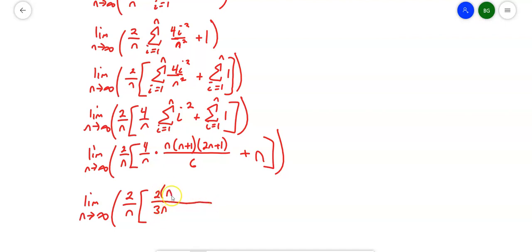And when I multiply that out, I should get 2n cubed plus 3n squared plus n. And that's plus n.